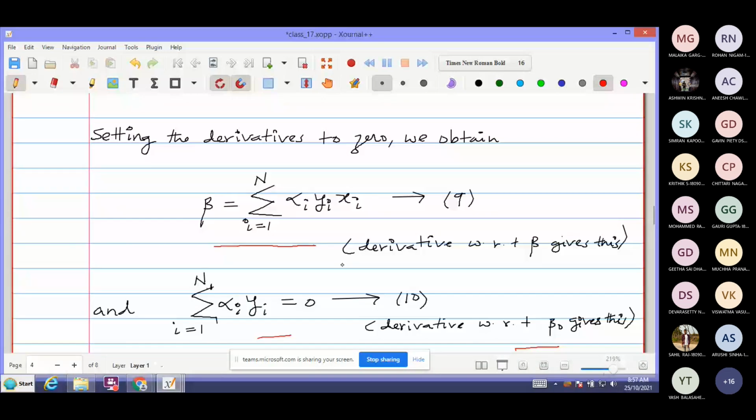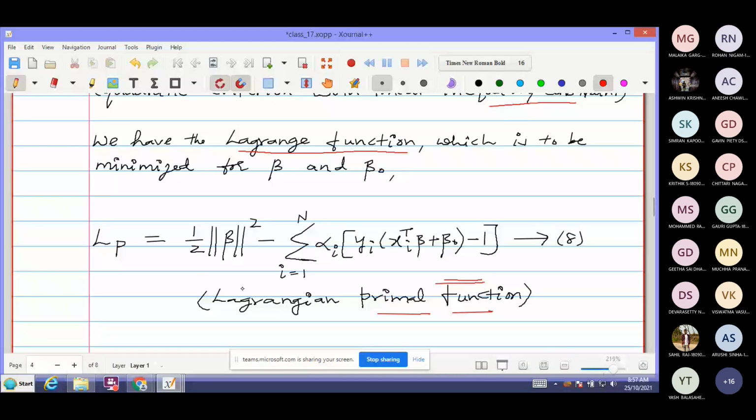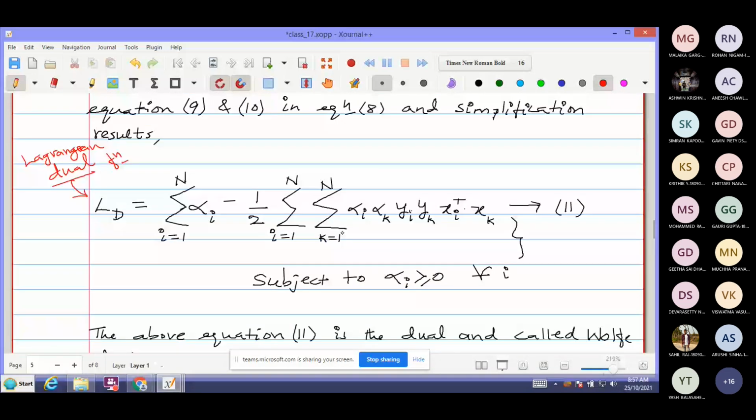Then the second part can be simplified after substituting equations 9 and 10. So you'll get half into summation, there are two summations, i running from 1 to n, and k running from 1 to n, alpha i alpha k, yi yk, xi transpose xk.